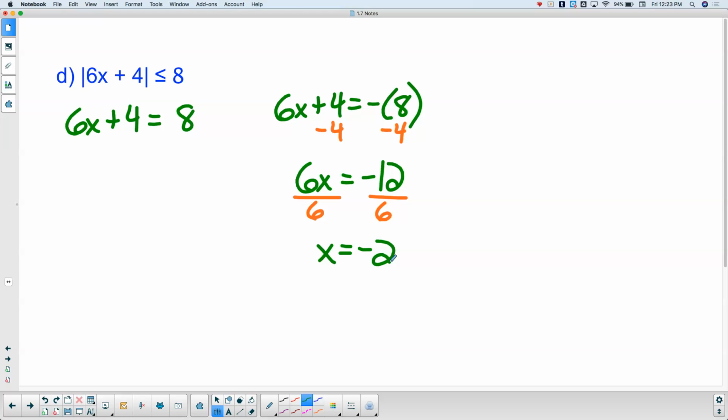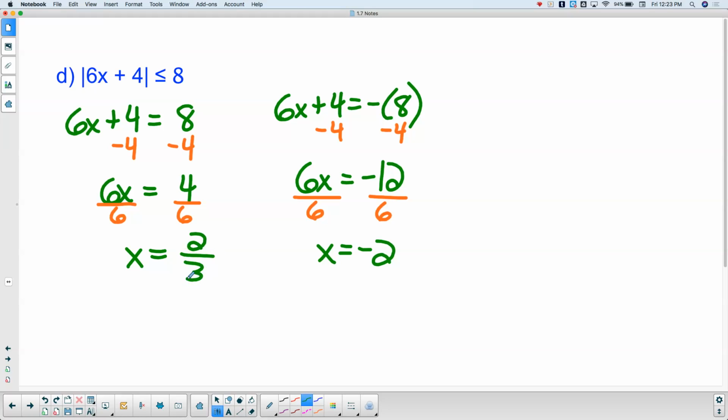What are we doing for the left one? Back and forth. Love it. We'll get 6x equals negative 4, divided by 6. Love it. I simplified it to 2/3. I would love that everybody would simplify it to 2/3.